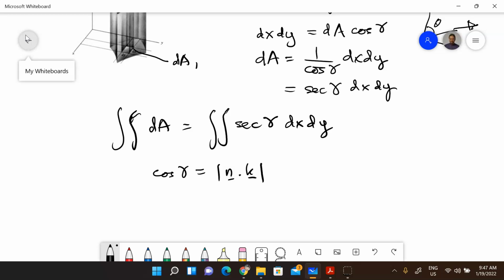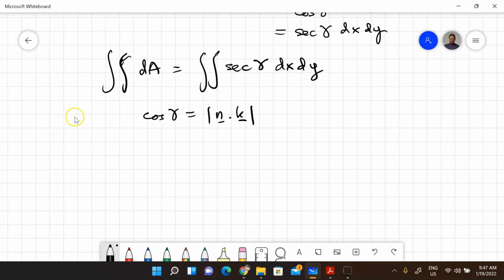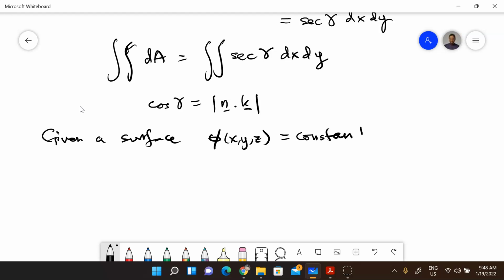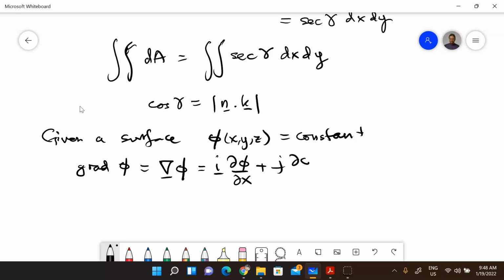And later on in vector calculus, one should be able to show that given a surface, say phi, which is a function of x, y, z equal to constant, so that defines the surface, then the gradient of phi, sometimes in terms of notation given by that del operator, is i d phi dx plus j d phi dy.